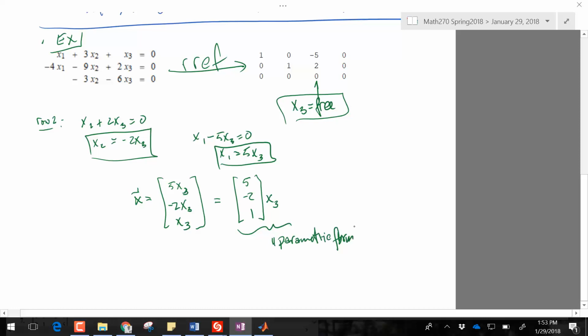And you can actually go one step farther in parametric form and write your x as 5, negative 2, 1 times an actual parameter, t. Now, with Chris's comment about this being an independent variable, now we can see this as an independent variable.